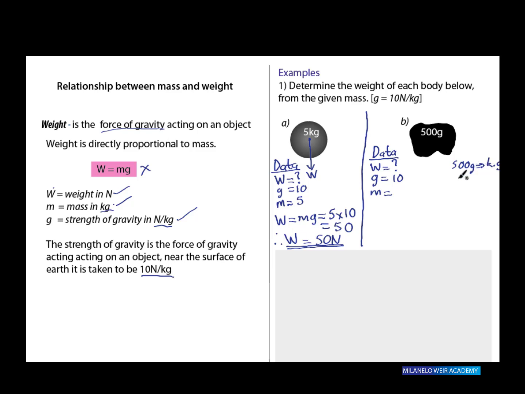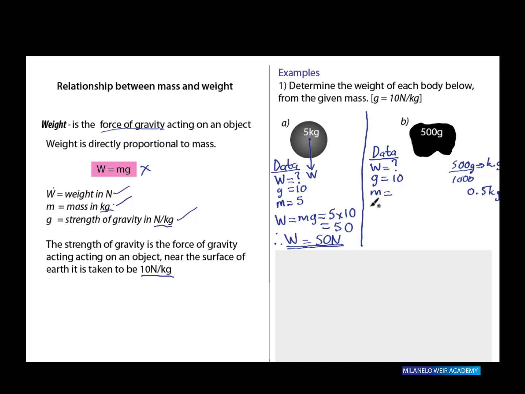We divide by 1000. That we should know. Kilo means 1000, so 1000 grams. So this is 500 grams, which means it's a half of 1000. So we divide this by 1000, and then what we get is 0.5 kg.